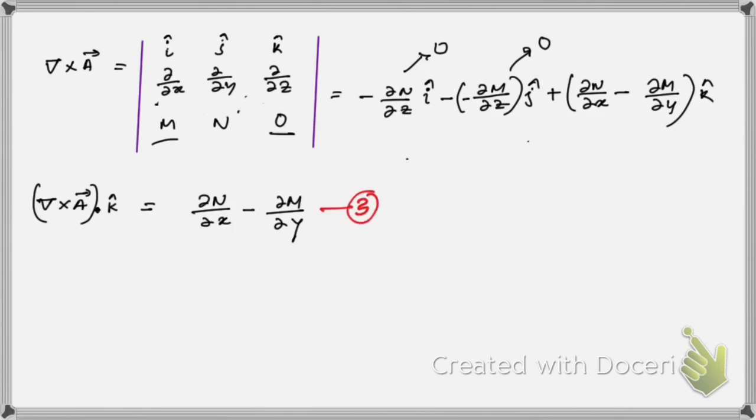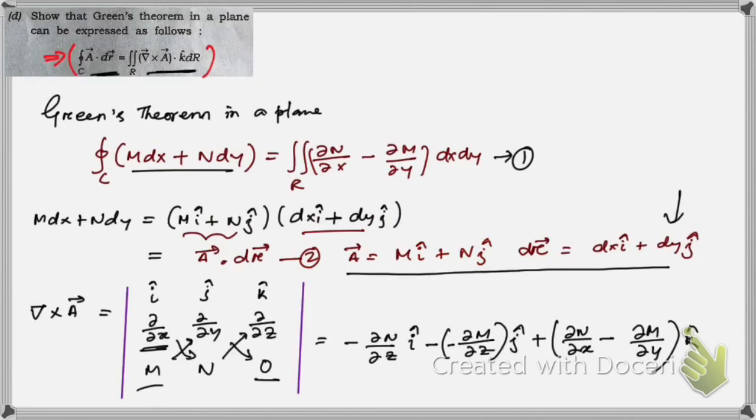Now what we're gonna do, let me use equation number 2. Here you can see this is equation number 2, M dx plus N dy, which is A dot dr vector.